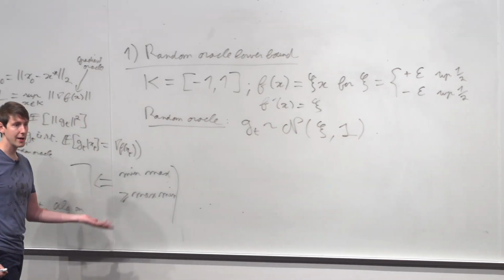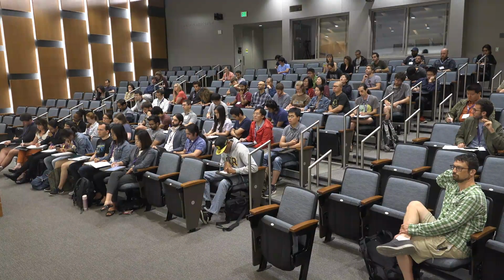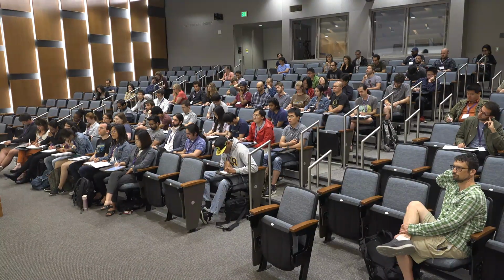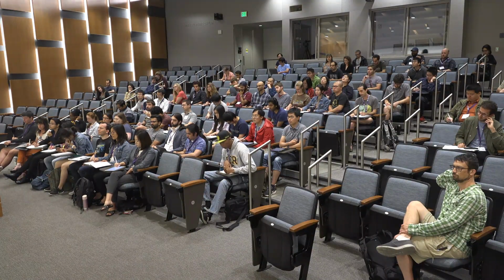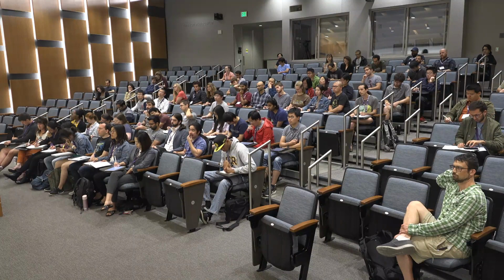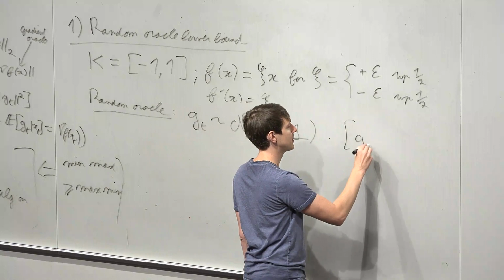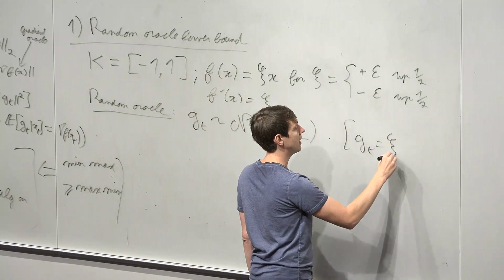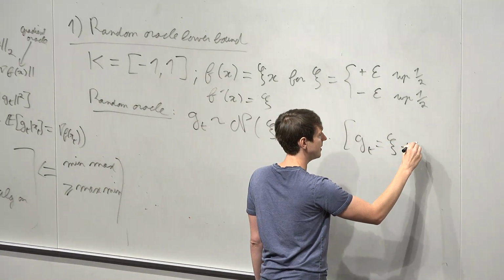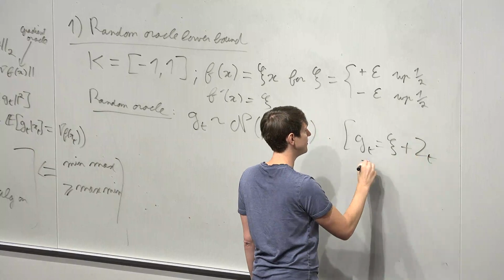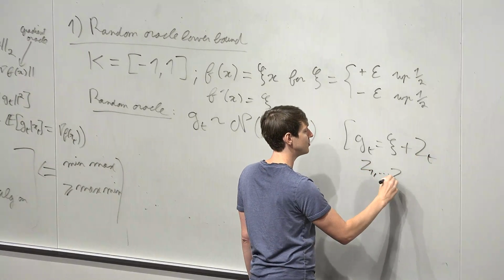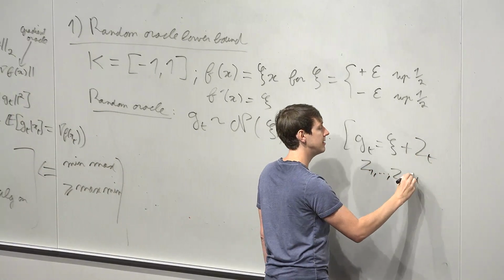Whenever I call my oracle to get a gradient, I don't get the slope, plus epsilon or minus epsilon, but I get the slope plus some noise. If you want, you can also think that g_t is equal to psi plus z_t, with z_1 up to z_t i.i.d. normal Gaussian.